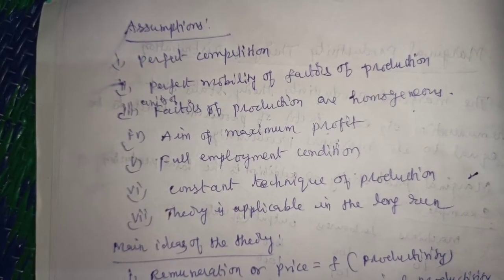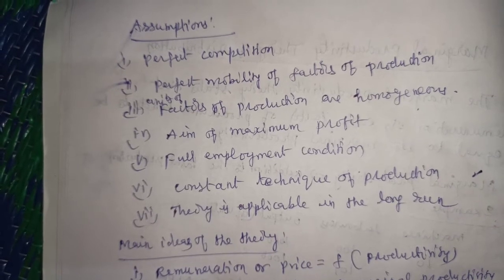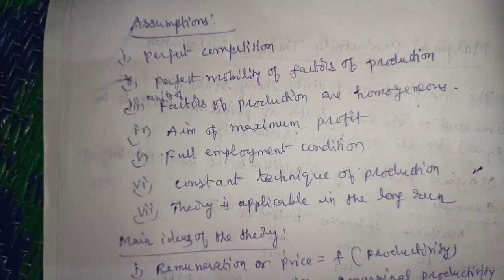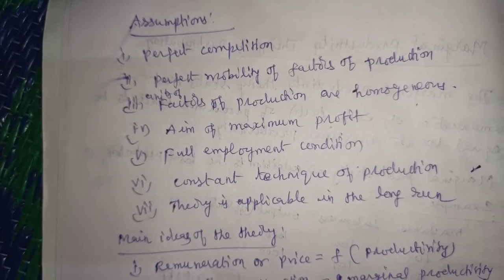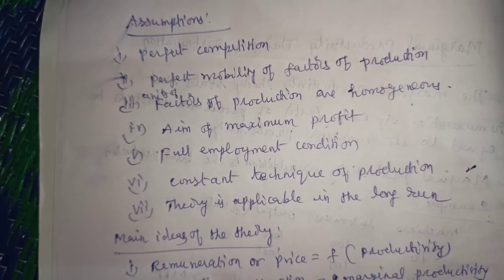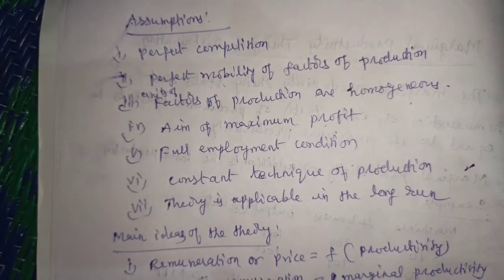And then the technology of production used remains the same. It is not changed throughout the production process. The same technique of production is followed. It is also assumed that this theory is applicable only in the long run.